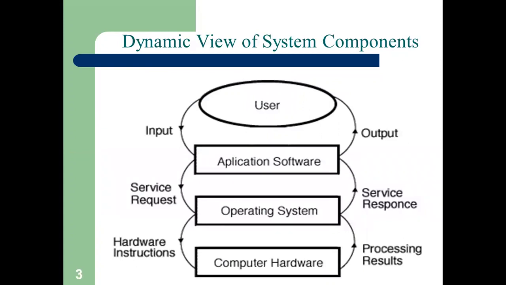So far we are using the same criteria, but they are interconnected. At the last level, computer hardware has the connectivity with the operating system. And at the computer hardware level, this is where the processing results.